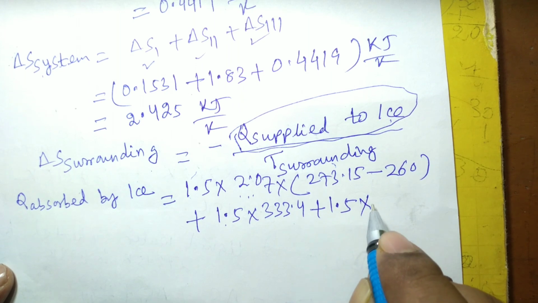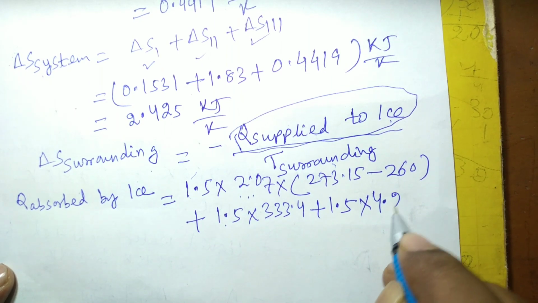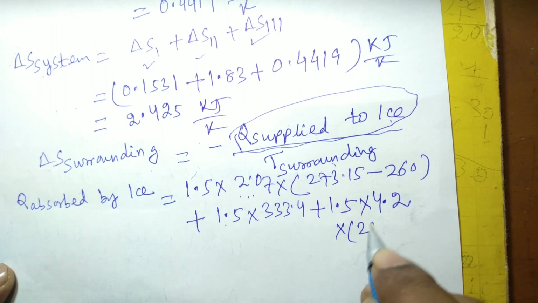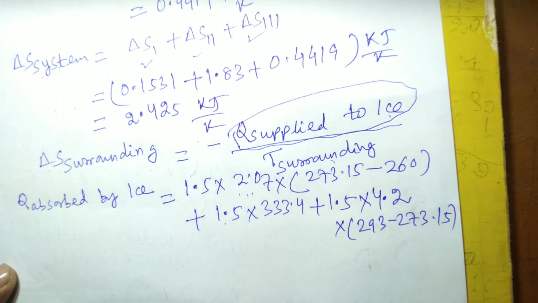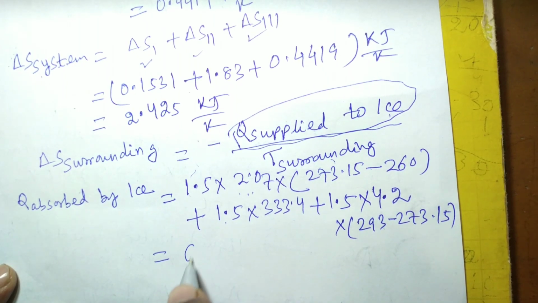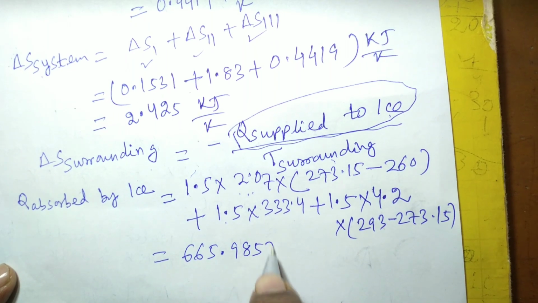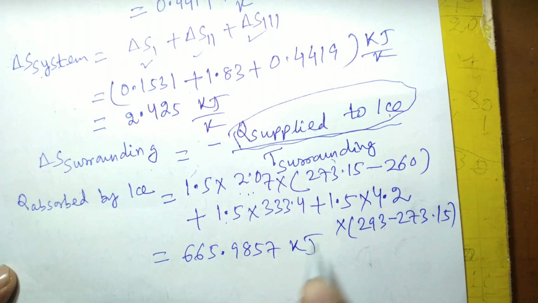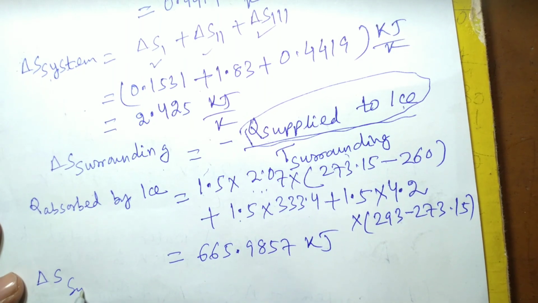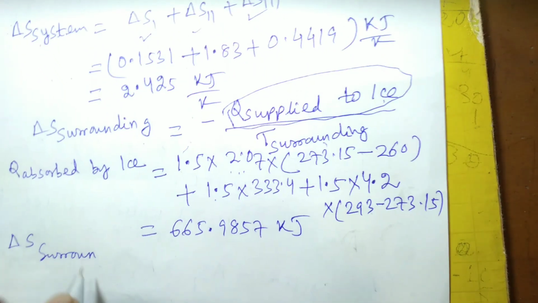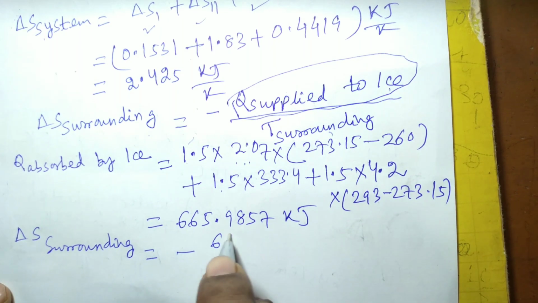The specific heat will be that of water, that is 4.2 multiplied by 293 minus 273.15. This is equal to 665.9857 kilojoule.